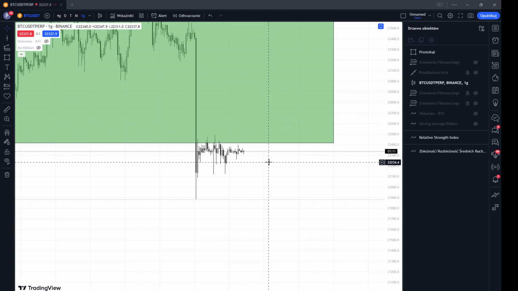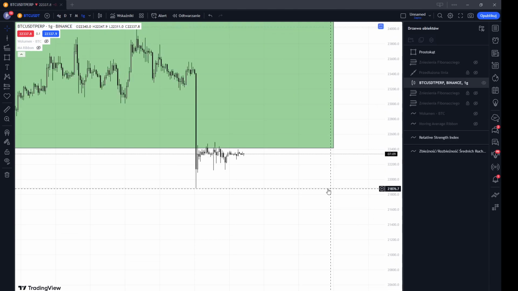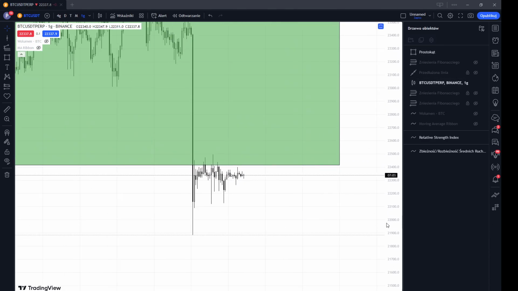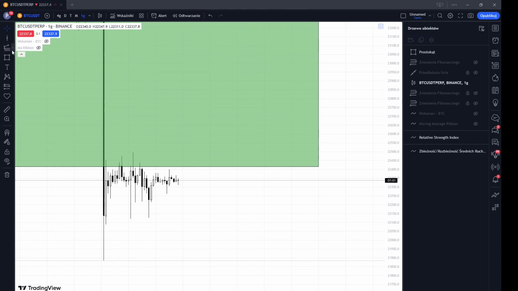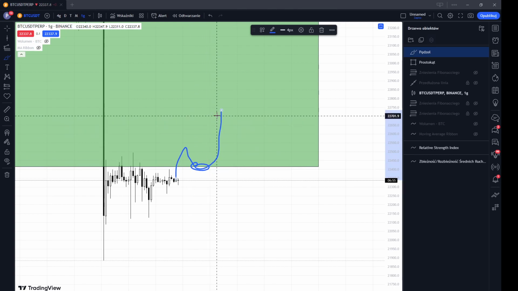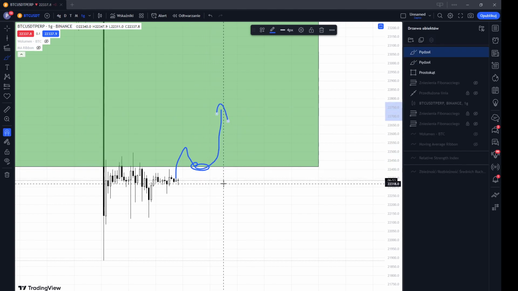Exactly this point. So unless we can break in and reclaim this, let me take a brush, until we break in here, reclaim this level, only then can we move up. That's my opinion at the moment.